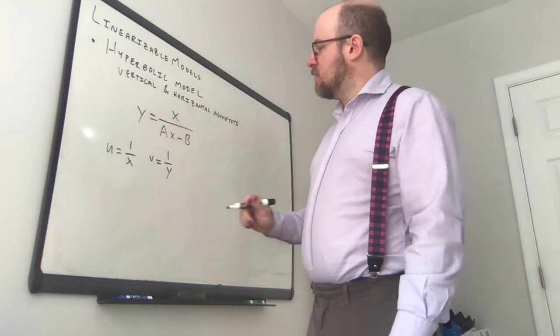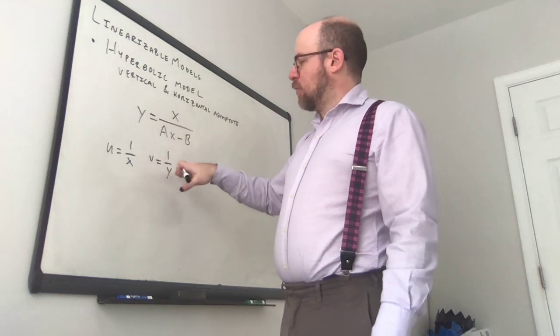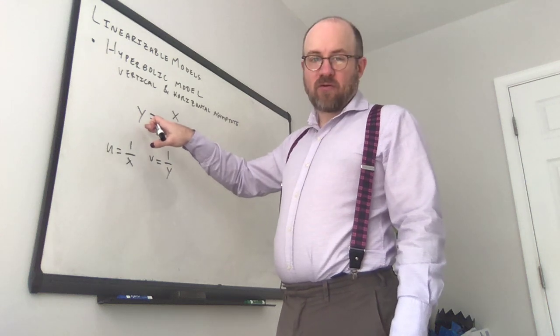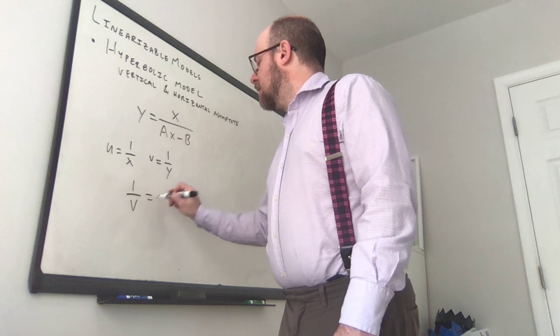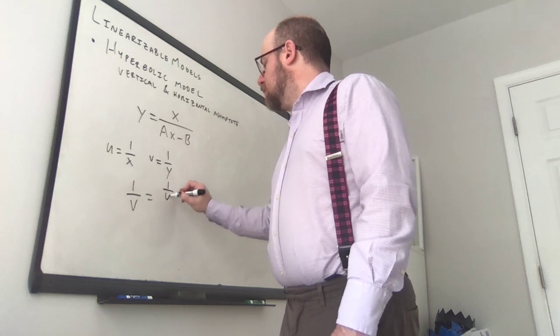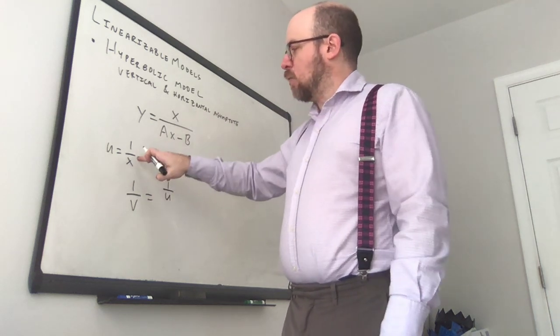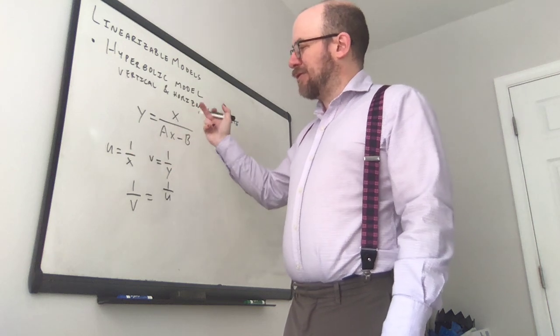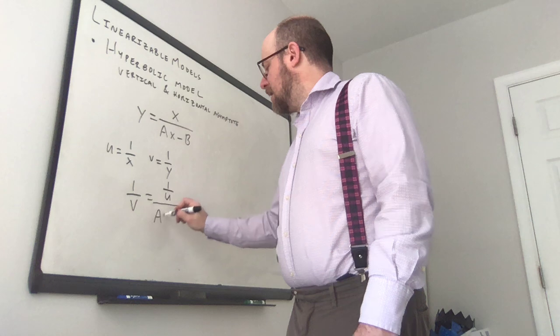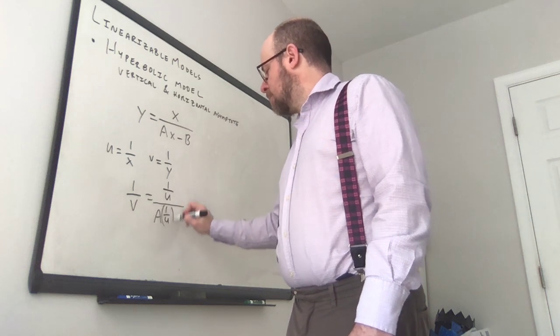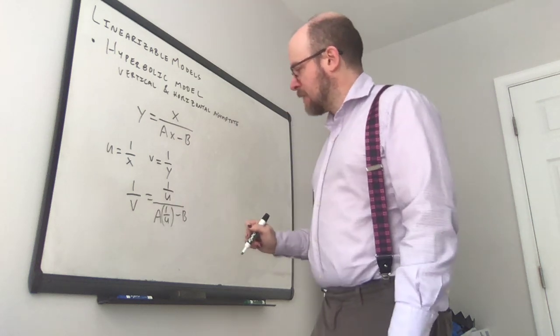Okay? And so if v equals 1 over y, y is equal to 1 over v. Okay? So you get 1 over v equals 1 over u, right? 1 over x is u, so x is 1 over u. So 1 over u, divided by a times 1 over u minus b.